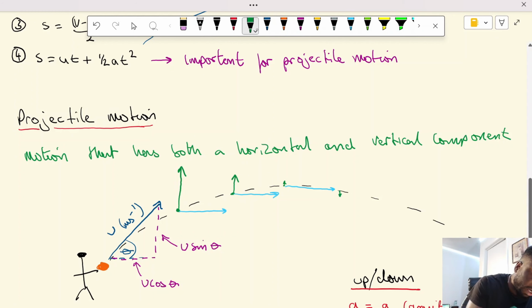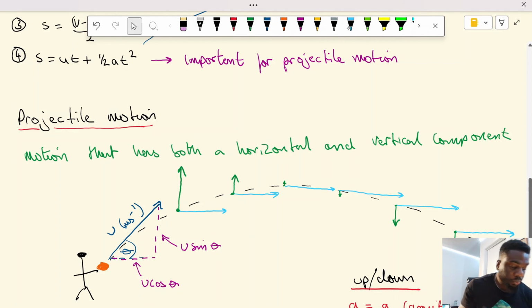And then it starts to fall back down again, because gravity is now speeding you towards the ground. Because you're going towards the ground, you're going to be speeding up. And this is literally what projectile motion looks like, and why projectile motion looks like it's moving in a parabola.